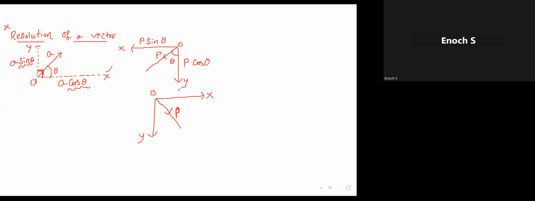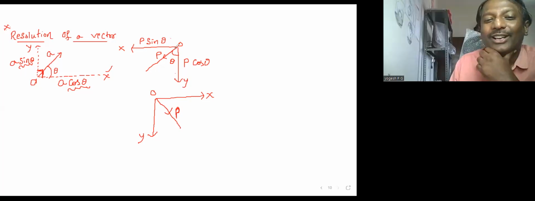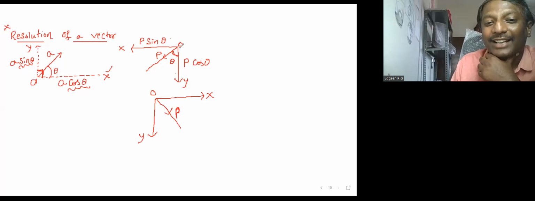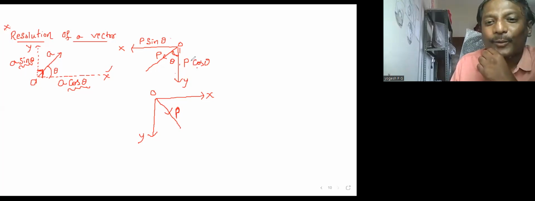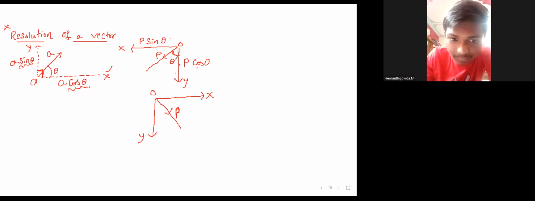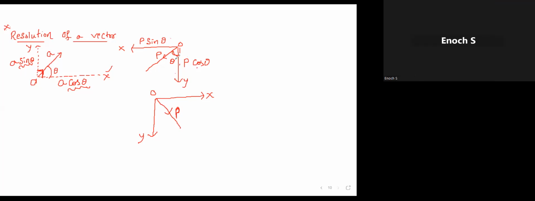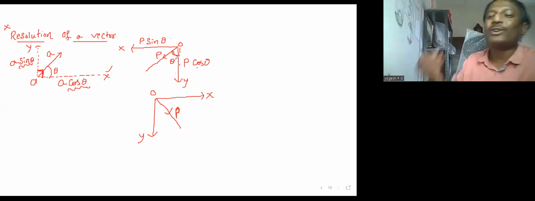Because it's running along the x-axis. See here, what I've told: the component which makes an angle theta goes with cos, isn't it? Yes or no? Yes, sir. Where is theta, my dear? There is no theta. I have not given the theta. Then how can you tell whether it is P cos theta or P sin theta?